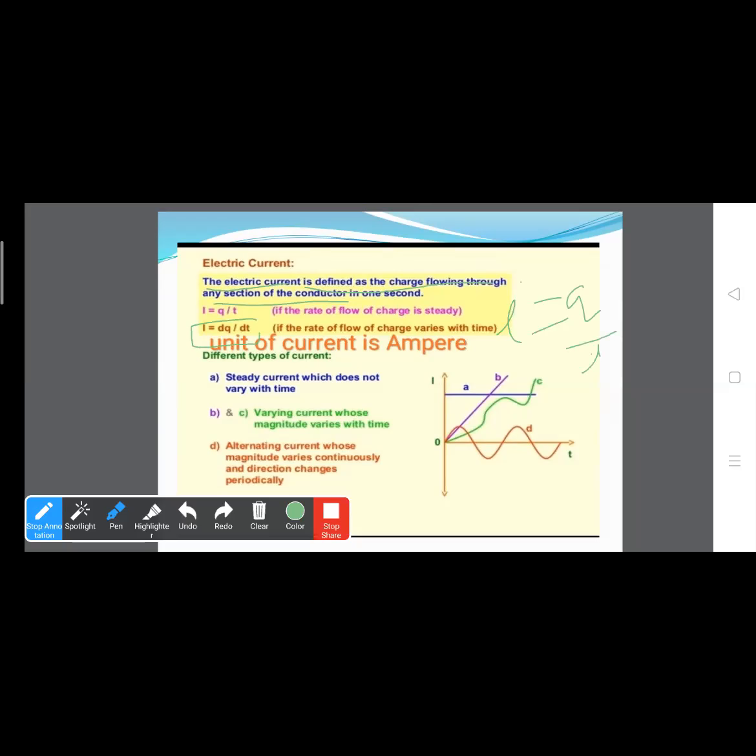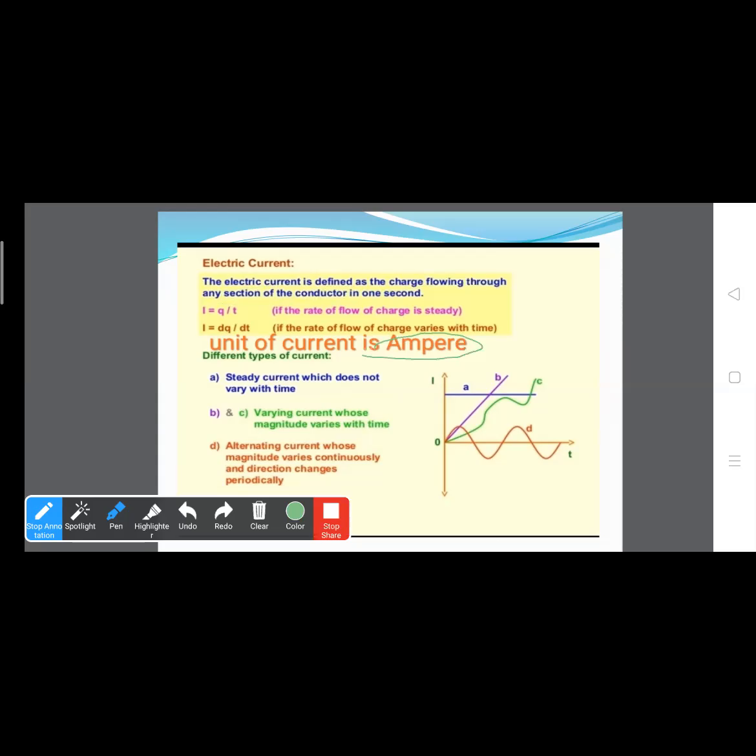What is the unit of electric current? The unit of electric current is charge per second, which is given by the ampere. Now what is 1 ampere? The current flowing through a conductor is said to be 1 ampere when charge is flowing through it at the rate of 1 coulomb per second.